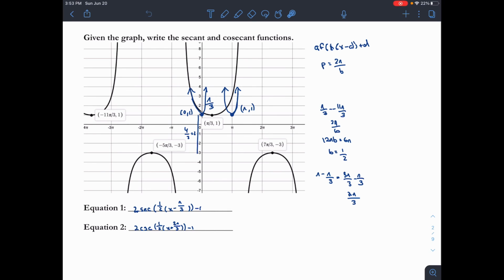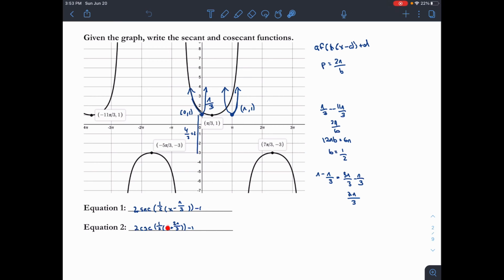We subtract it, and then we get 2 pi over 3. And we make that equal to 2 pi over b, so b equals 6 pi because of this equation. And we get that b equals half, so that's where we got the half from.